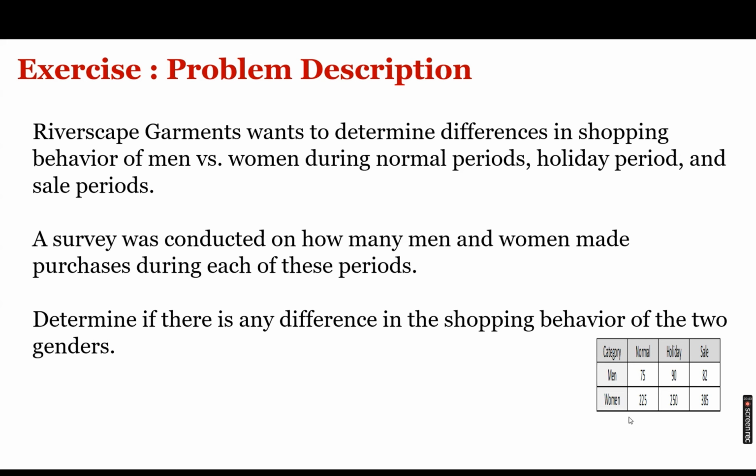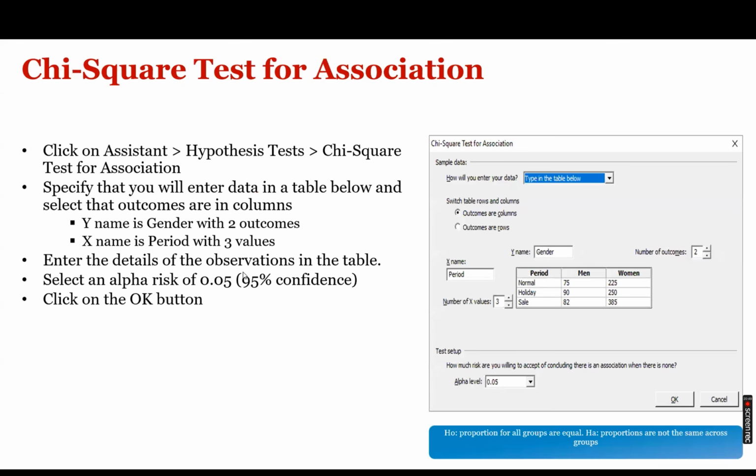This is the summary data. There are three periods, so sets of data are more than two. So whenever between two sets of genders we select more than two options, we actually do a chi-square test for association, the last one on the right-hand side panel.